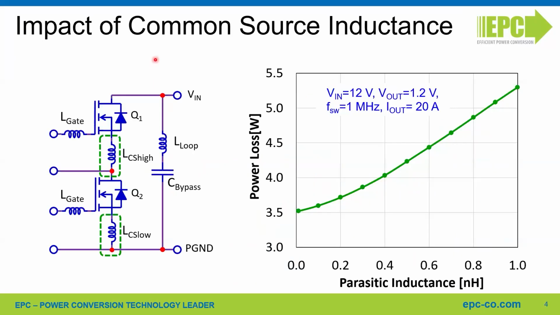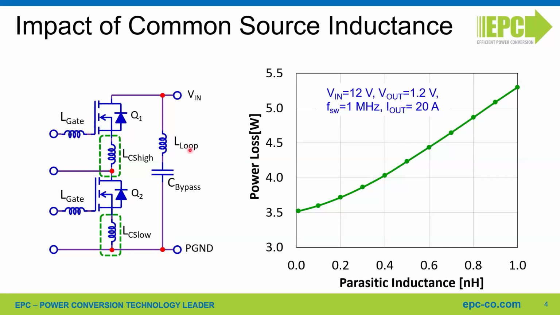The effect of the common source inductance is as a feedback on the gate drive circuit. The rate of change of the current in the device, the di/dt, causes a drop in the common source inductance, and this drop subtracts from the drive from the gate driver. It reduces the drive current to the gate and slows down the transition of the current.